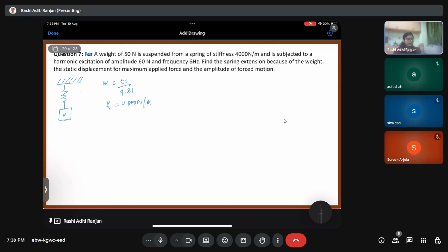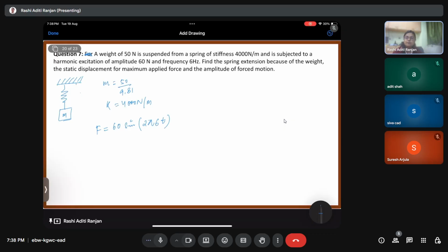Another thing is that we have a harmonic excitation of the type 60 sine of 2 pi 6t.